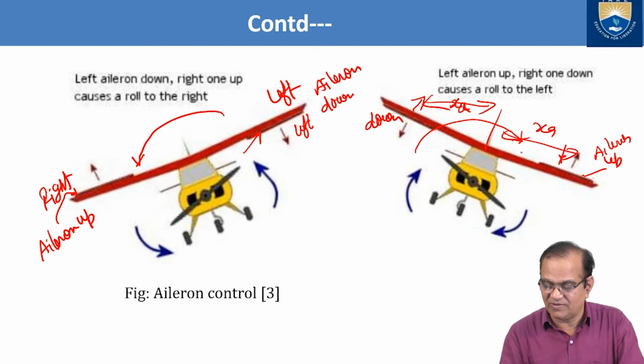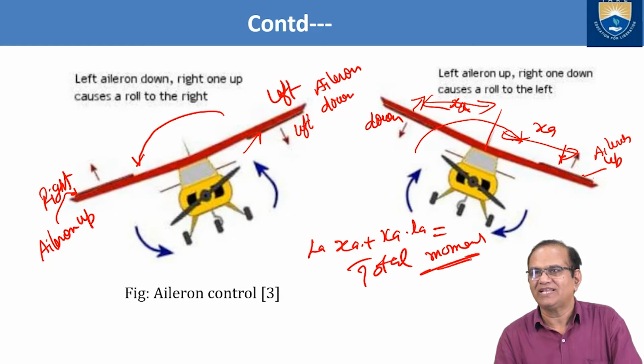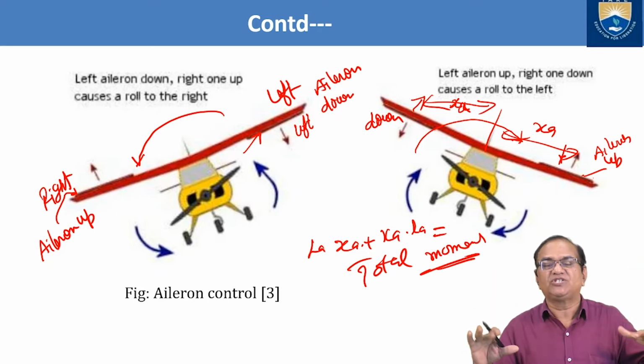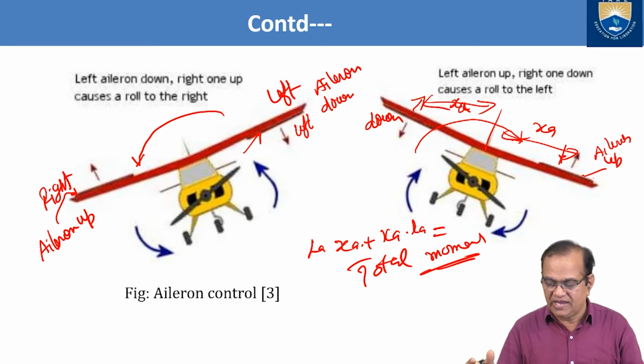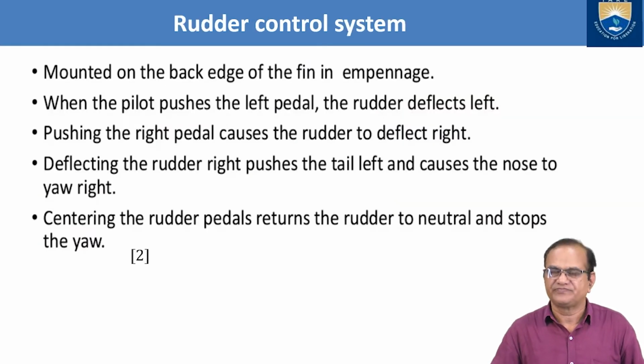The net effect will be, because it is in the opposite direction, XA LA plus XA LA equal to the total moment. So like this it will move from left to right. So the side which you want the wing to go up, that side aileron has to go down. That is the objective of the ailerons.